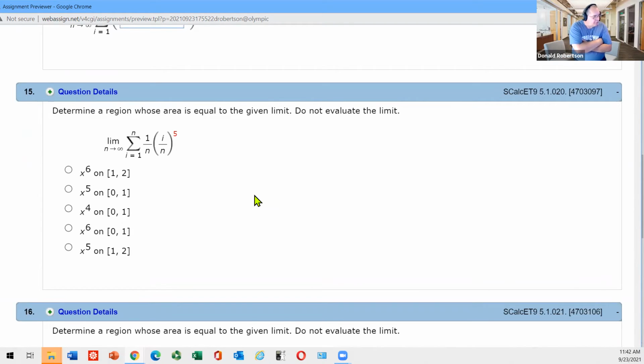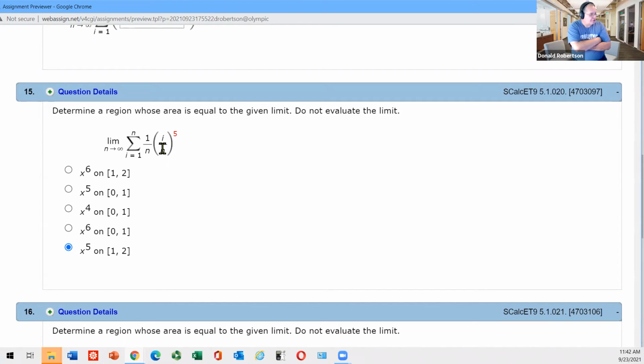Anybody want to tell me what the function is? X to the power of 4, 5, or 6. What do you think it would be looking at question 15? Power of 5. I agree. So it's either that one there or that one there. Great. Now, this here says i over n, doesn't it?